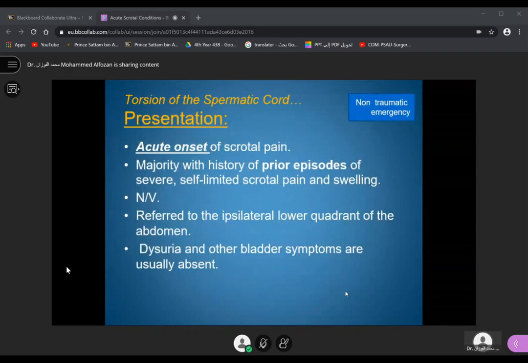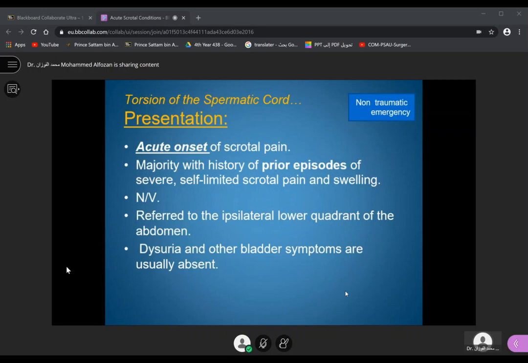So testicular torsion presents with acute onset of scrotal pain within hours. It's a very severe pain, most likely accompanied by nausea and vomiting, from the scrotum up to the abdomen.